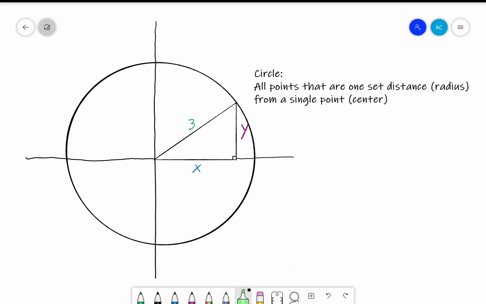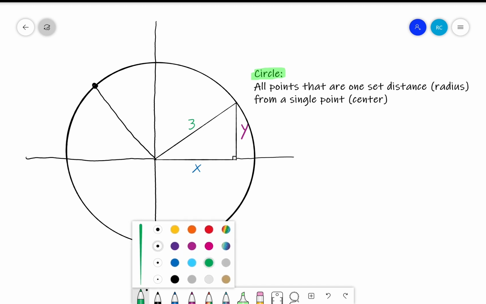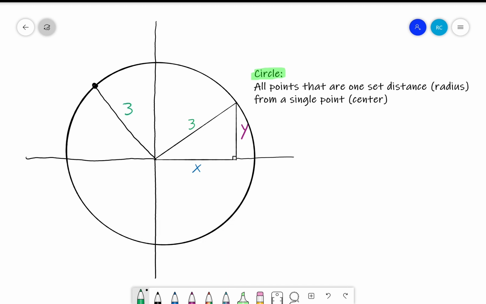Remember that the definition of a circle mathematically is all points that are one set radius from the center, which means that if I were to choose another point out on the edge of the circle, that radius would also be 3.